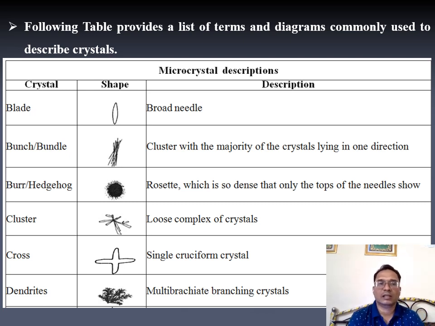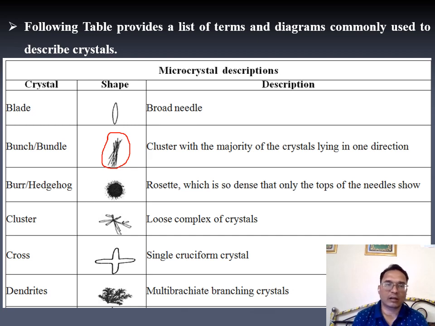These are some examples of the crystals which are obtained in microcrystal technique, and these are generally referred to with different terms. For example, the crystal will be called a blade if it is of this shape. Similarly, if we get bunches of the crystals, it will be called a bunch or a bundle, and it will be a cluster with the majority of the crystals lying in one direction.